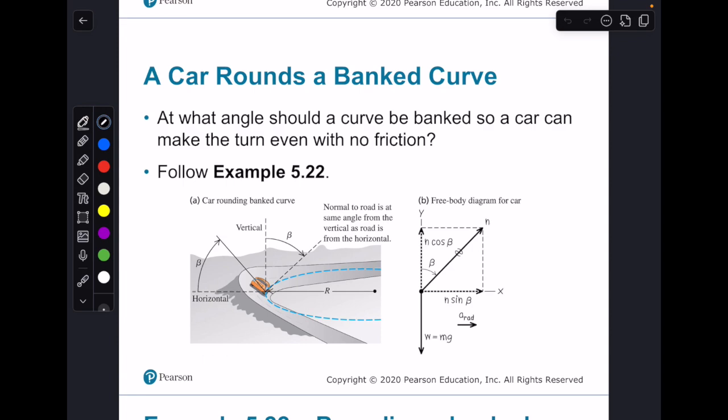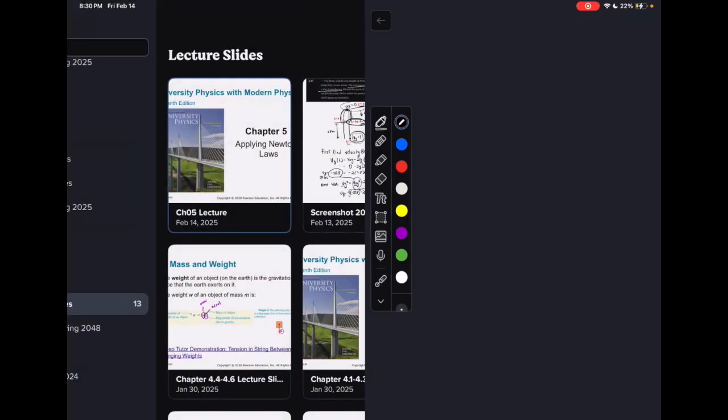So when we do an example with a car rounding a banked curve, we're going to have to consider a couple of vectors not being on the x and y axis. So we'll have to carefully decompose those vectors into their x and y components. So let's do that example here, 522.